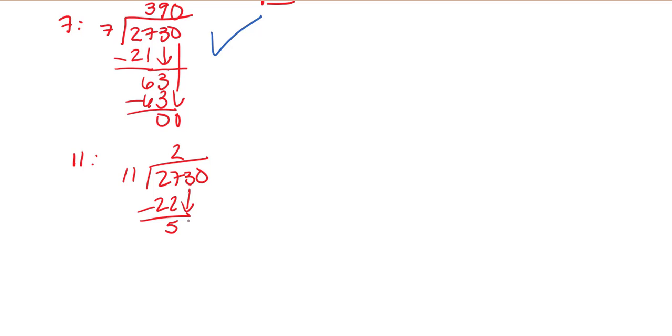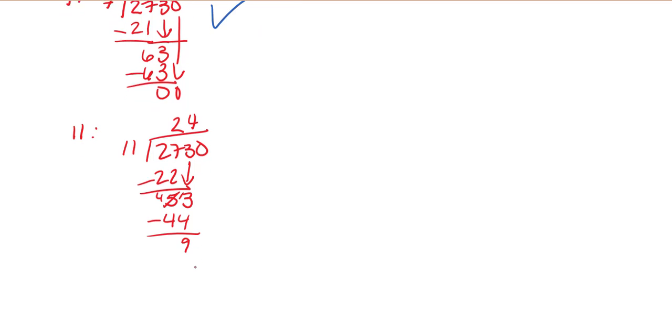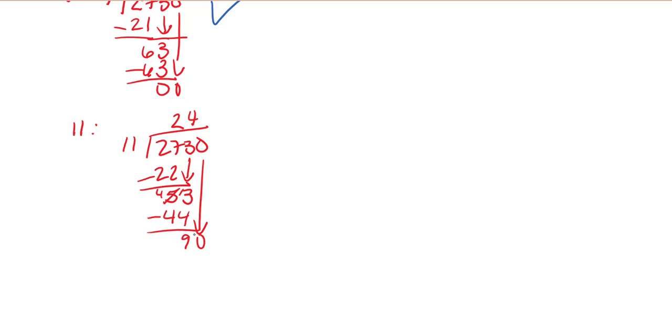Now we bring down the 3. 11 can go into 53 4 times, because that's 44. We subtract and get 9. Then we bring down the 0, and 11 can't go into 90 evenly, so this doesn't work out.